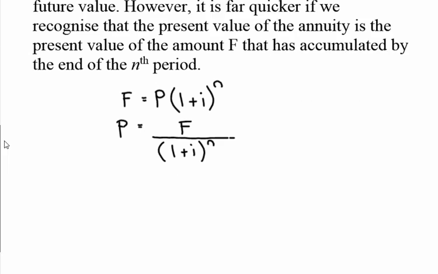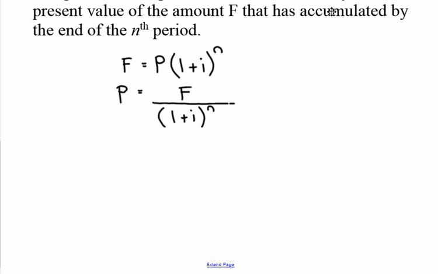Now that's quite a complex looking fraction, so we know because of the laws of exponents that we can rewrite that as F times 1 plus I to the negative N. Now we've just learned our other very handy annuity formula. Just in case you've forgotten it already, let me just pop it on the side here.